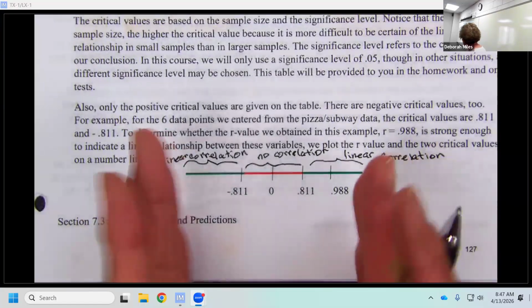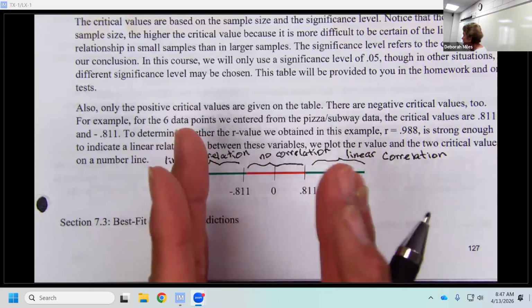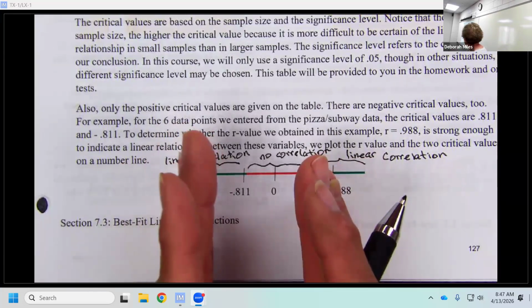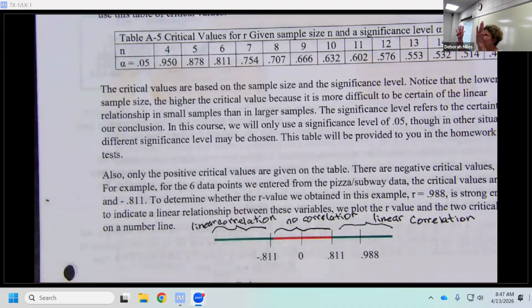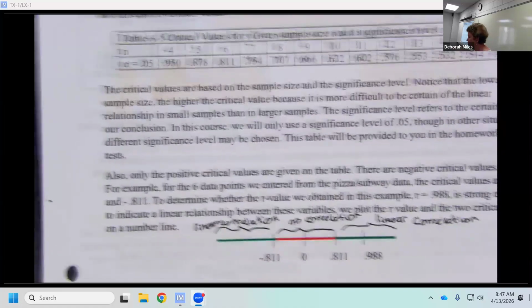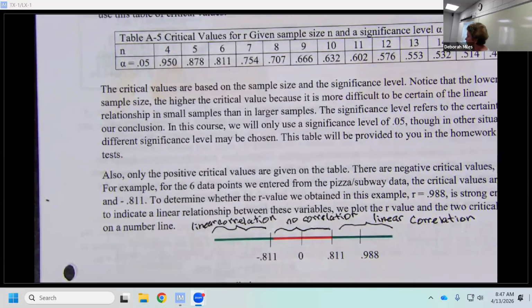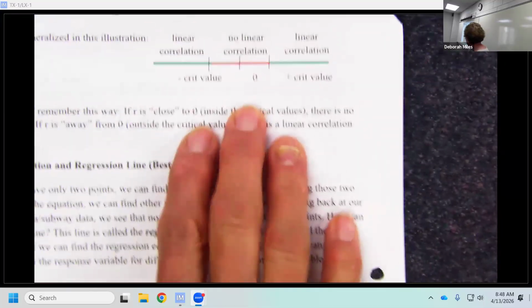We're going to get the critical values from the table, put the positive critical value and the negative critical value on a number line, and then our R value, which for this was 0.988, we're going to plot that, and we're going to say close to 0 means no correlation. Out past the critical numbers means there is a linear correlation. And that's how we're going to decide whether or not to say, yes, there is a linear correlation. And that's what this picture right here shows.